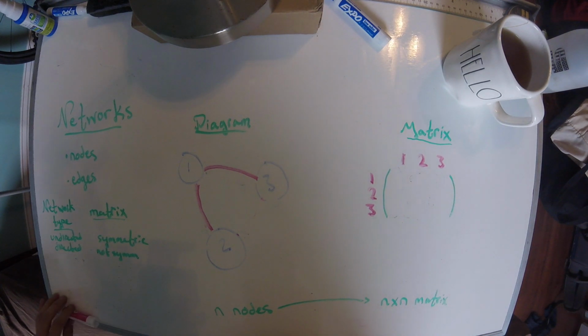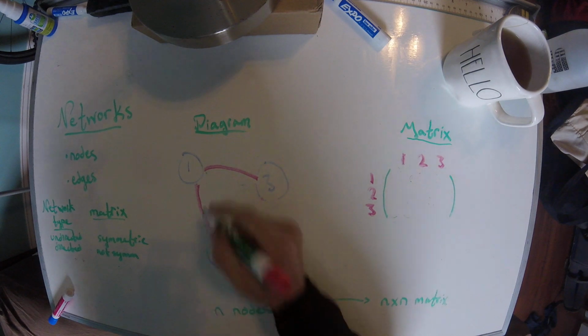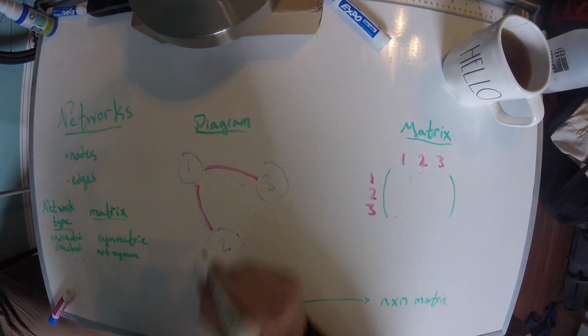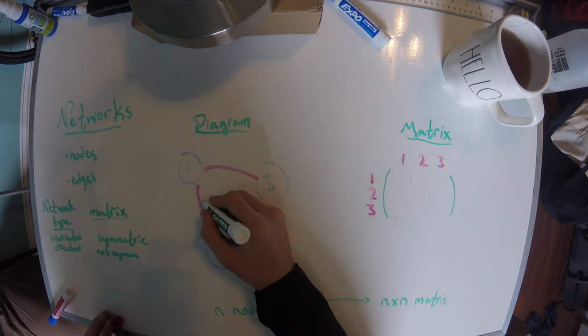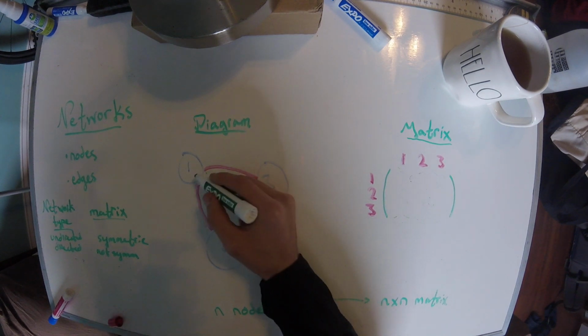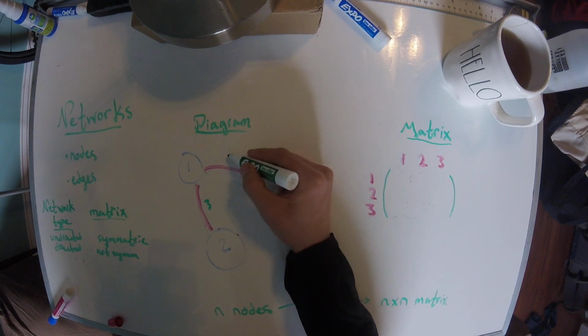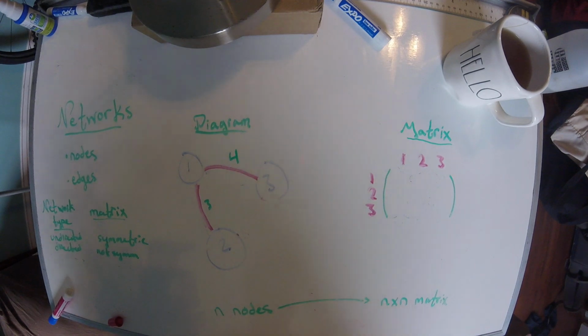Okay, so now let's give the connection from 1 to 2 a weight of 3, and let's give the connection from 1 to 3 a weight of 4.